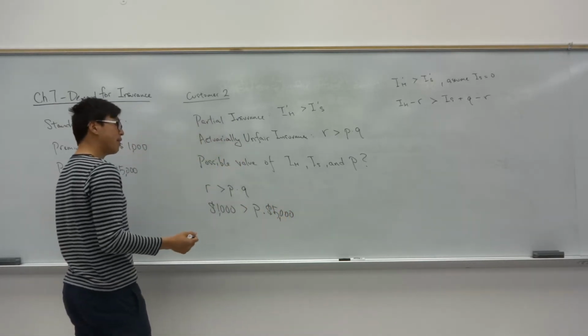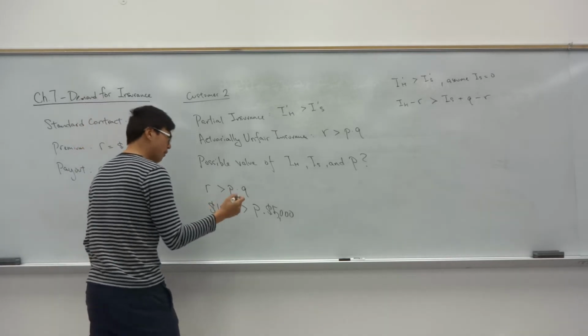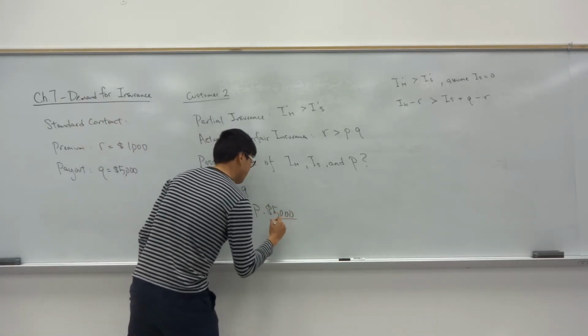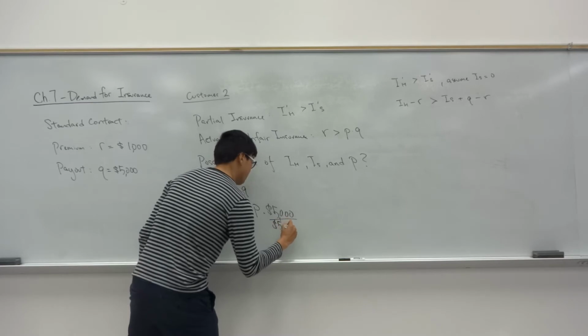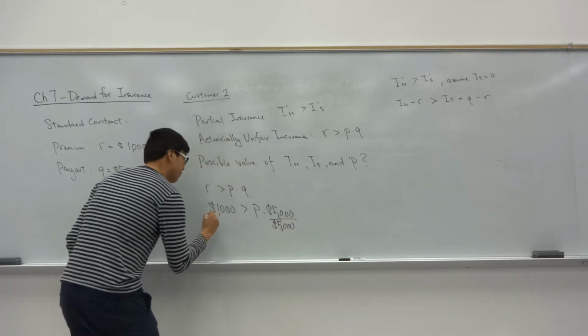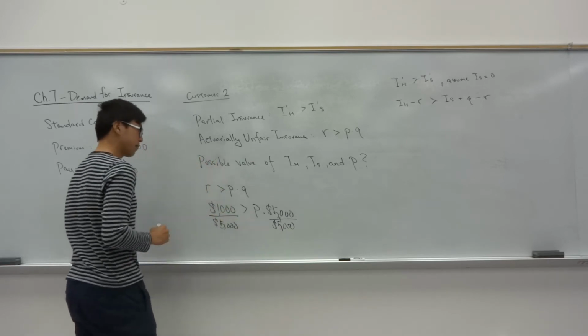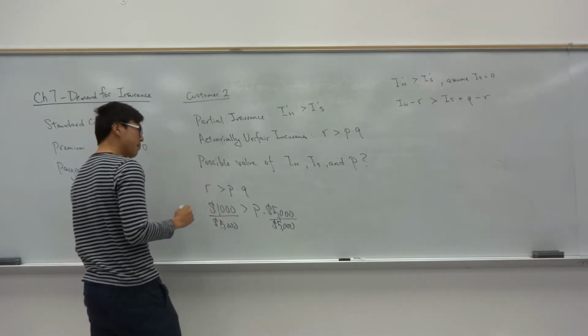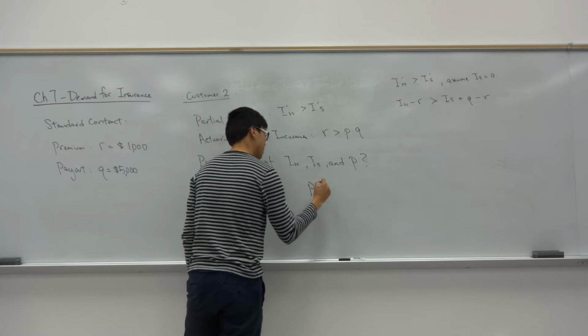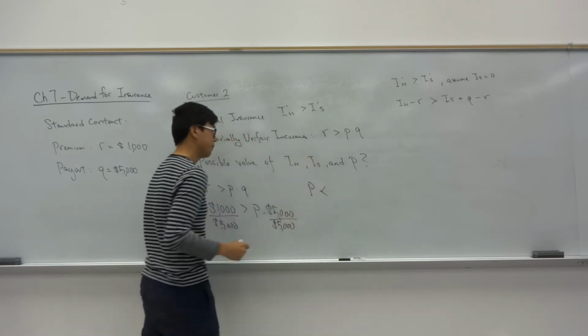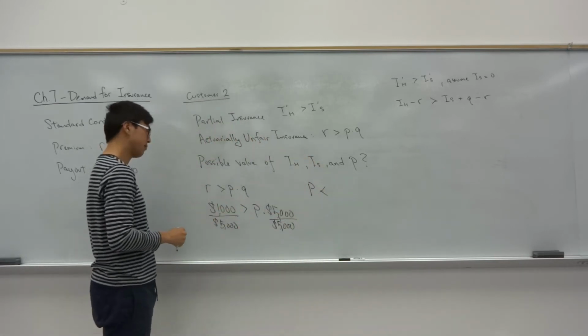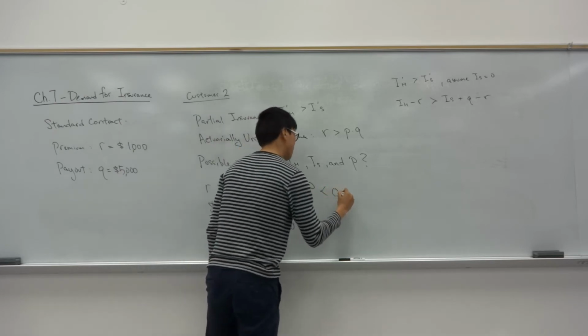So you can actually divide by $5,000 on both sides. In this case, that means P will be less than, since we're doing the reverse, 0.2.